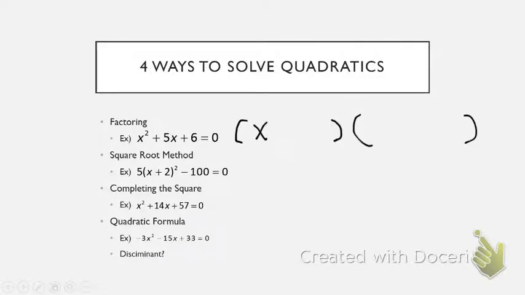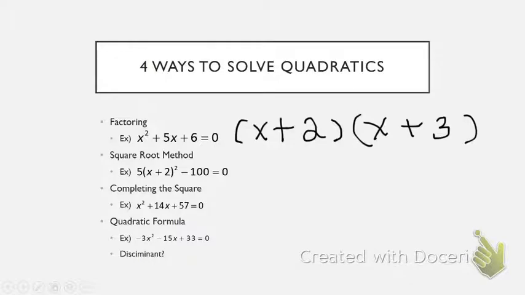What are 2 factors of 6 that, when added together, will give you 5? X plus 2 and x plus 3. If you said that, you're in good shape, okay?